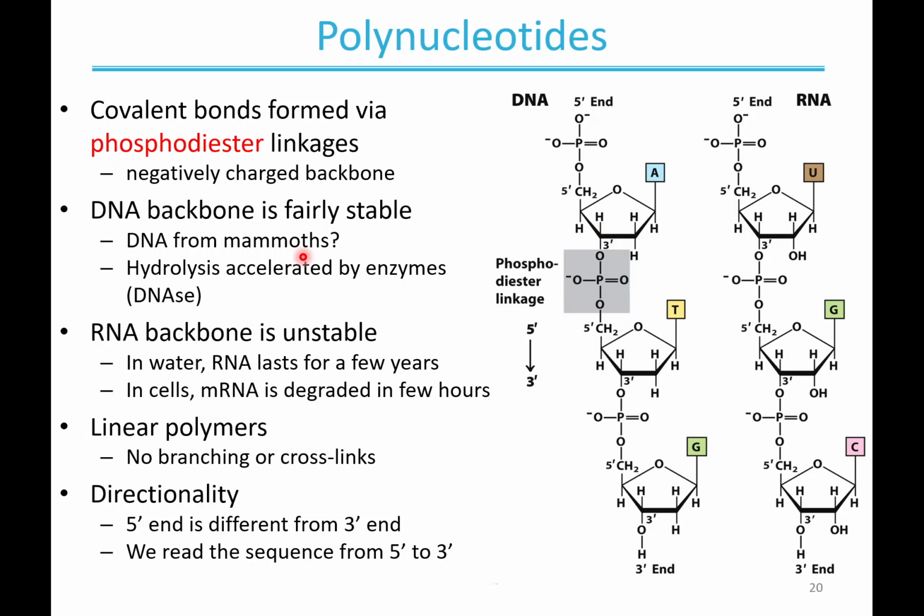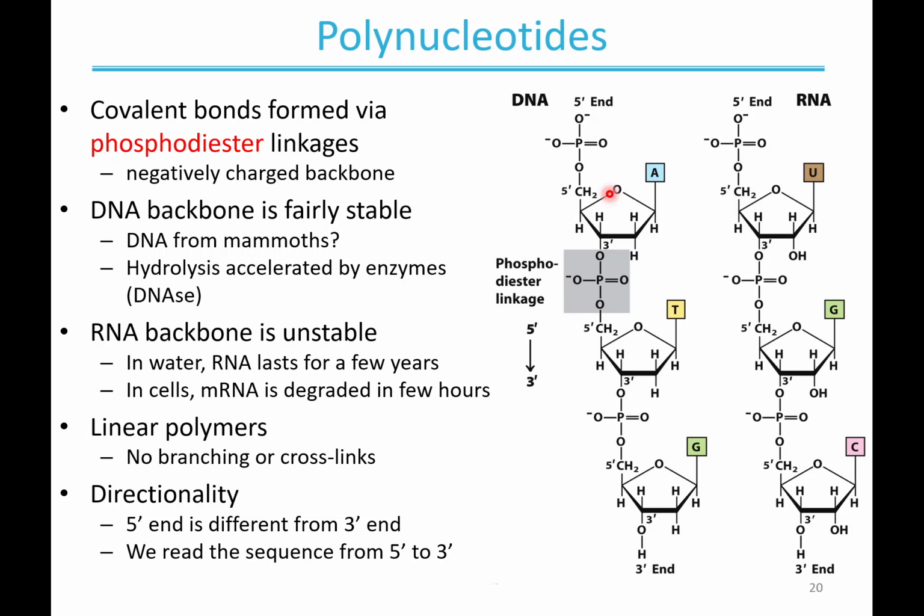The example the book gives for the stability is that scientists have been able to isolate DNA from mammoths that have been dead for long periods of time, and I think have even tried to clone them using that DNA. They've at least been able to sequence that DNA. So these are very stable.